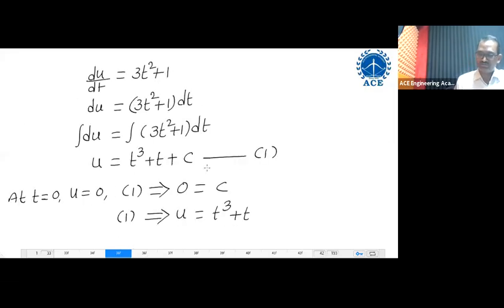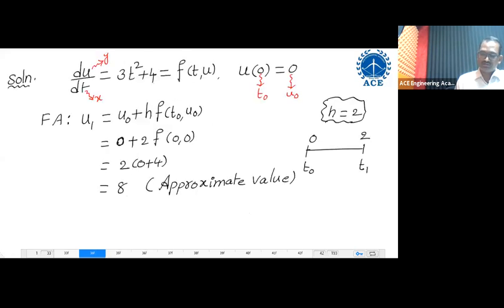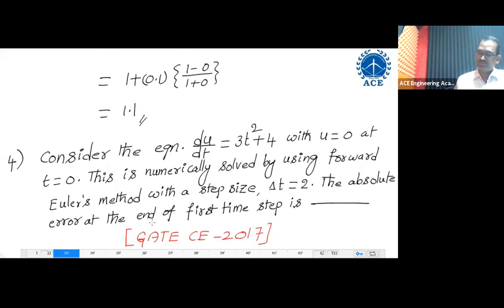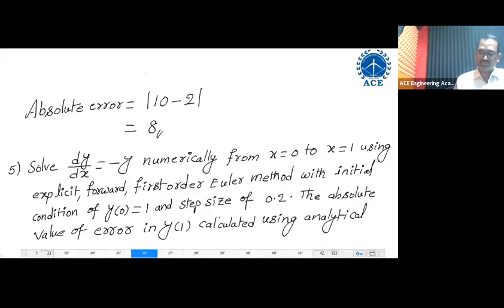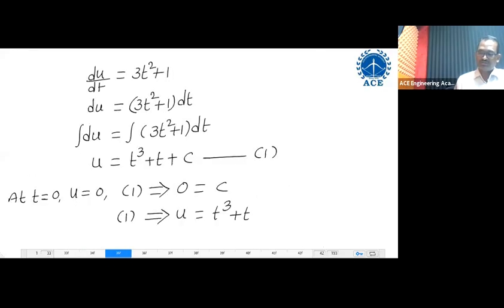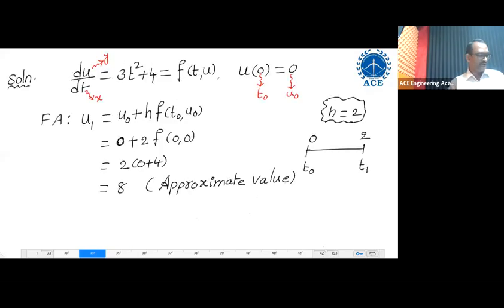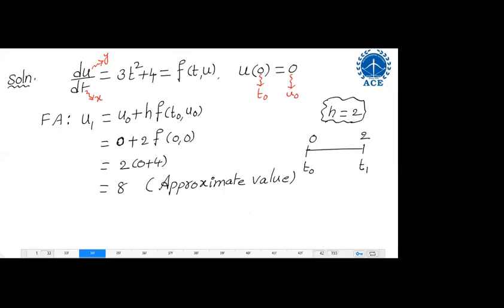Du by dt is equal to 0. You are asked to find the absolute error at the end of the first time step. What is the first time step? If I take t is equal to 0, u is equal to what? The answer I said was 8. Yes, this is 8.